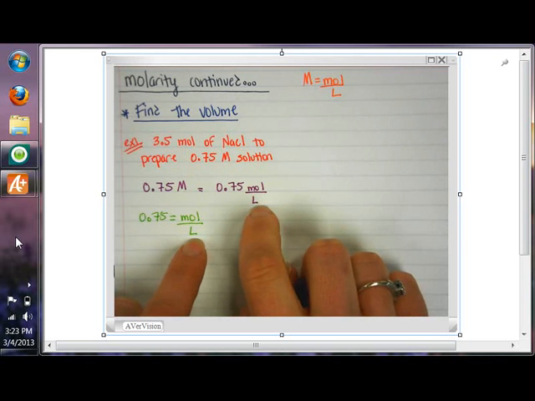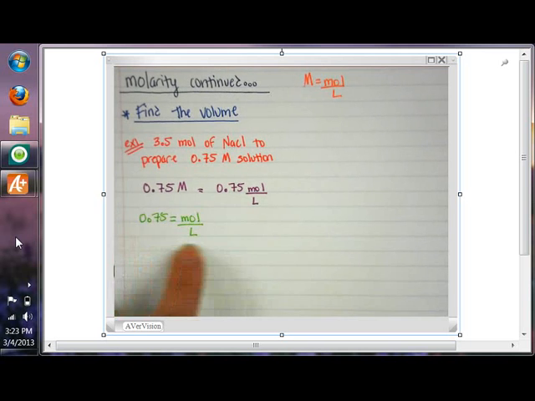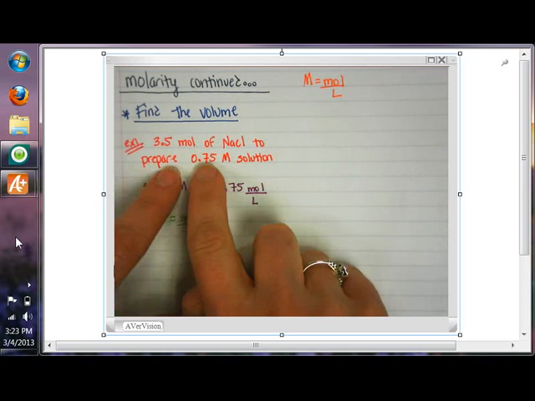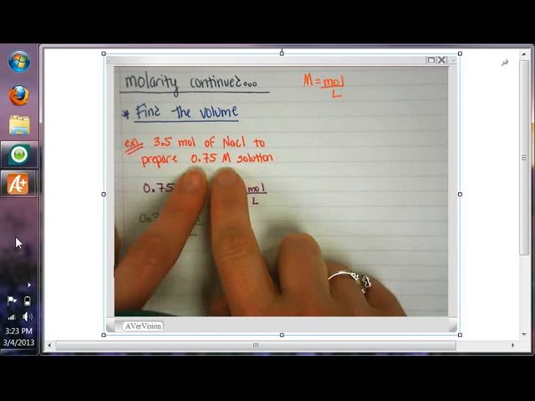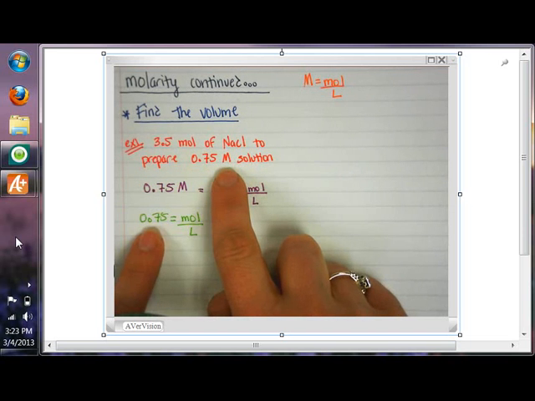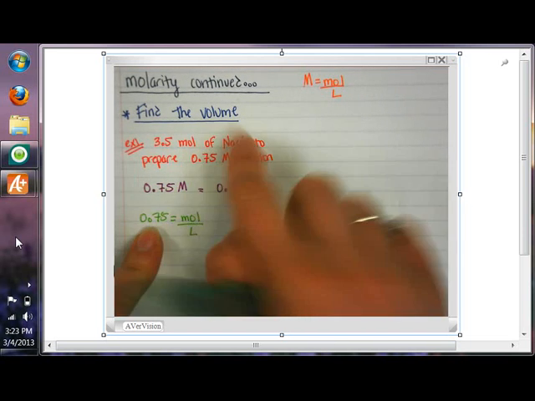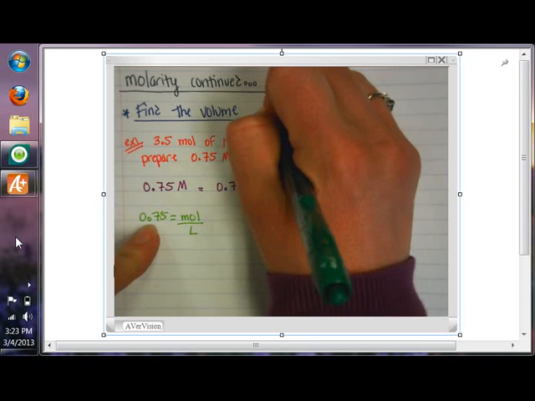So now this question almost becomes just a proportion. They've told me that I have 3.5 moles of sodium chloride, and they've given me this molarity solution. And they want me to find the volume. And that really means find liters.